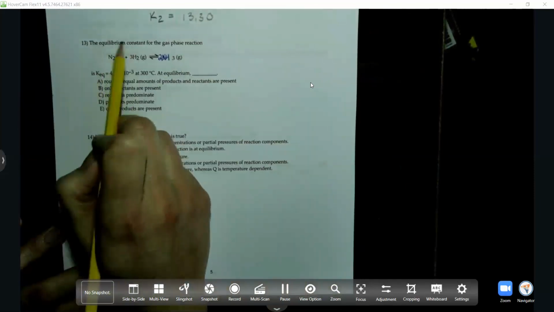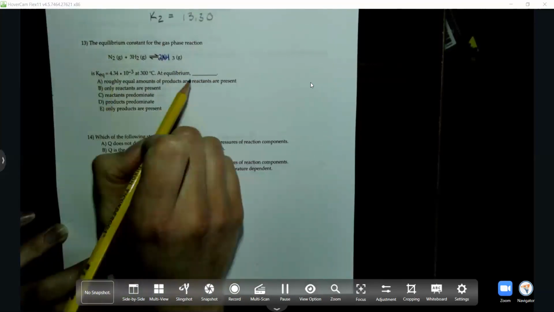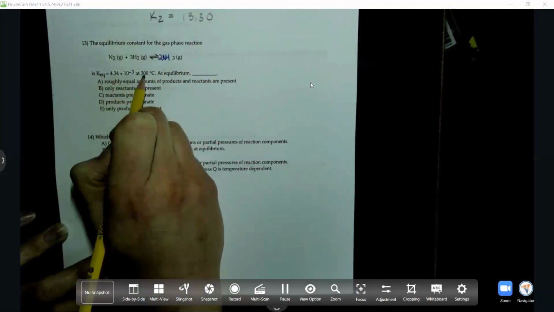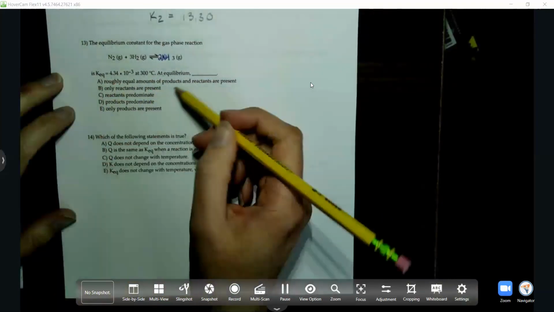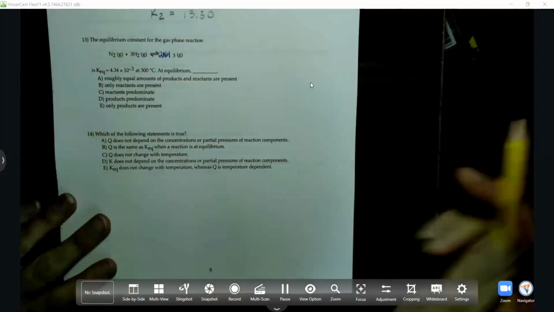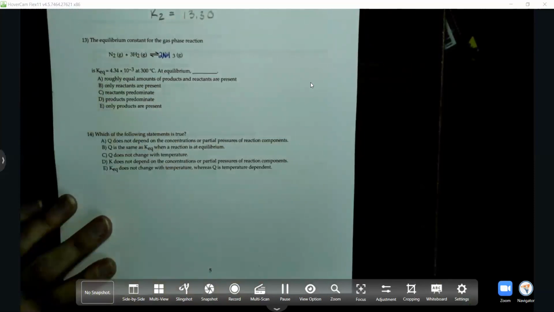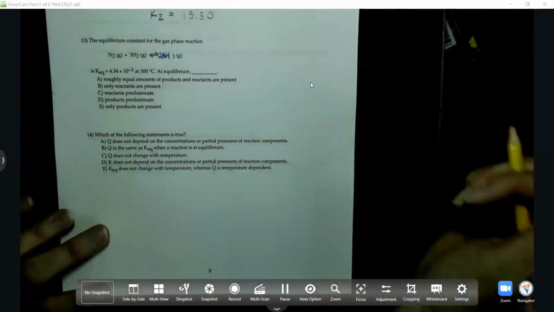So the equilibrium constant for the gas phase reaction is 4.34 times 10 to the negative third at 300, and then it talks about the different ratios of products and reactants. So our KEQ value, the magnitude of that number, can tell us a little bit about if there's more products or reactants or kind of equal.